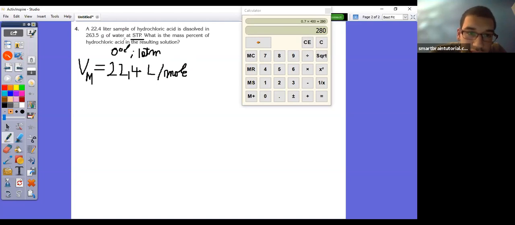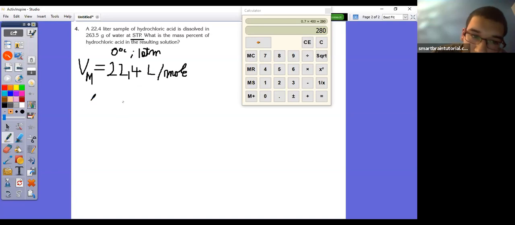So in 263.5 grams of water, this amount of hydrochloric acid is dissolved. What should we find? We should find the mass of hydrochloric acid.